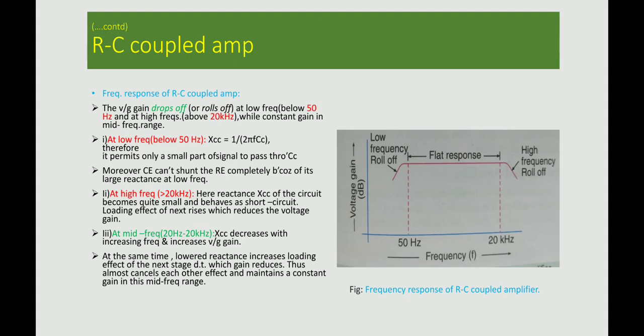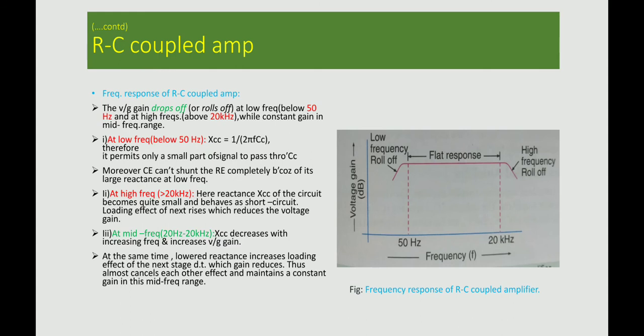Then for frequency greater than 20 kilohertz, the reactance due to the coupling capacitance CC of the circuit becomes quite small and behaves as a short circuit. So the loading effect of the next stage rises, which reduces the voltage gain.